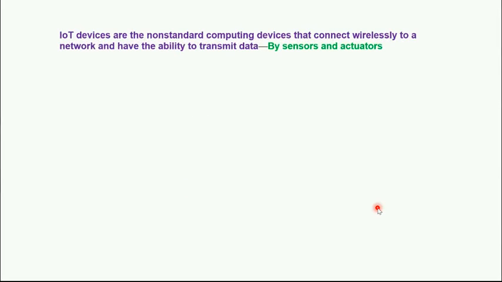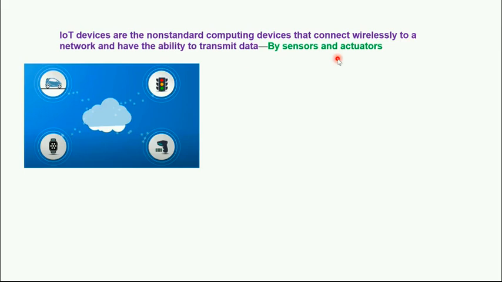So, IoT devices are non-standard computing devices that connect wirelessly to a network and have the ability to transmit data. So, data transfer is by sensors and actuators. I'll give some block diagrams, then only you will understand what exactly this means. Okay. So, this is a barcode reader. This is a non-computing device.